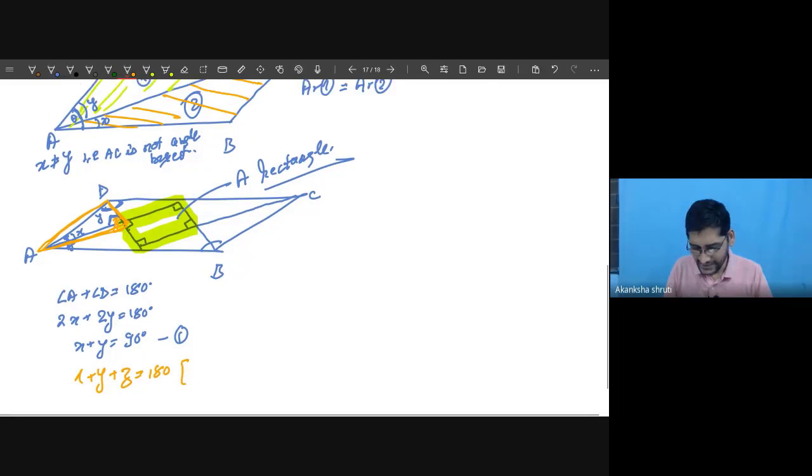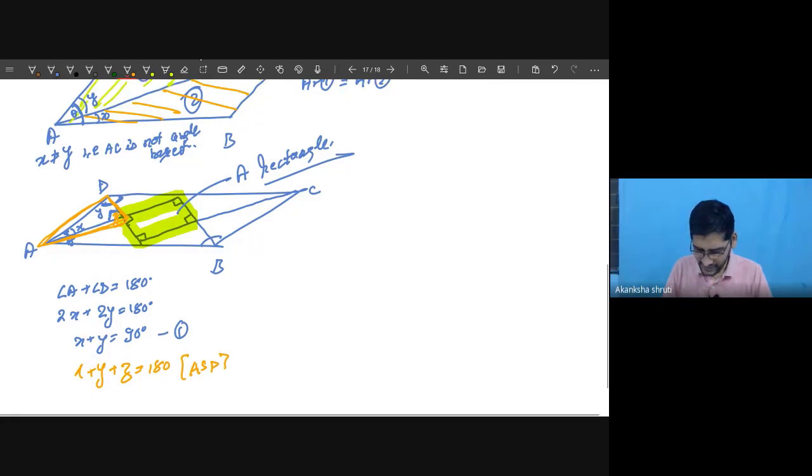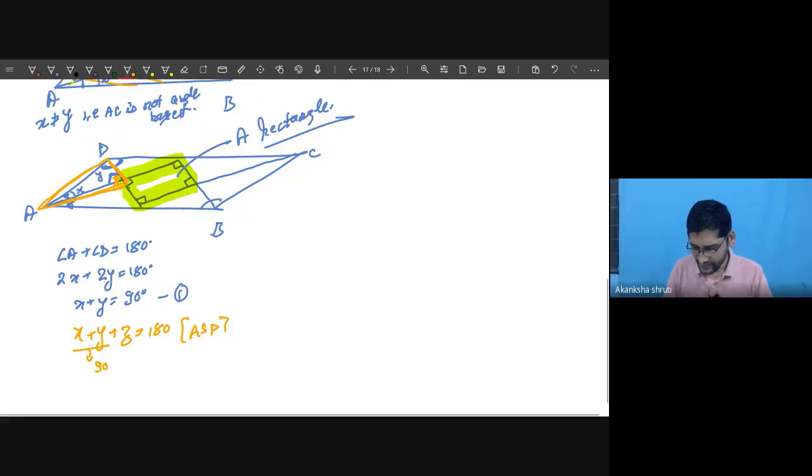This is our angle sum property in this triangle. So this value we have calculated as 90. Substitute it. z is 180 minus 90, which is the other 90. Okay. So this proof is sometimes asked, and it is very easy.